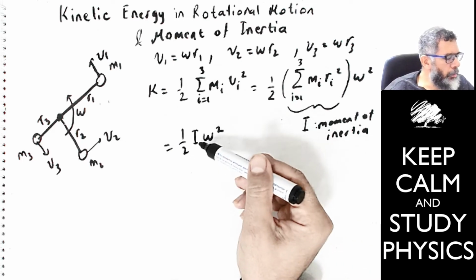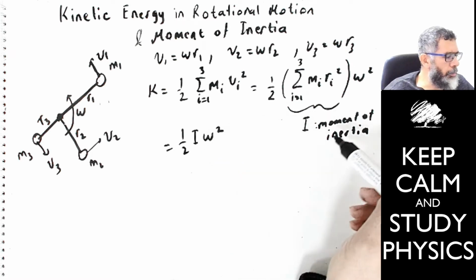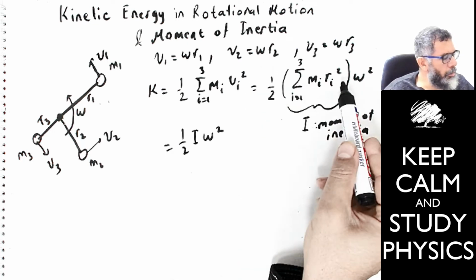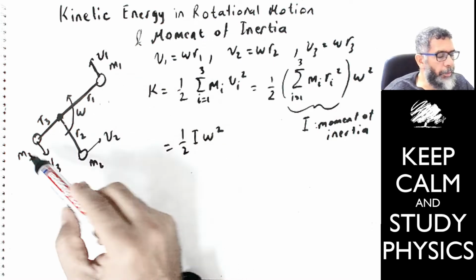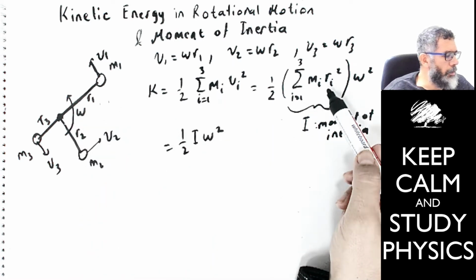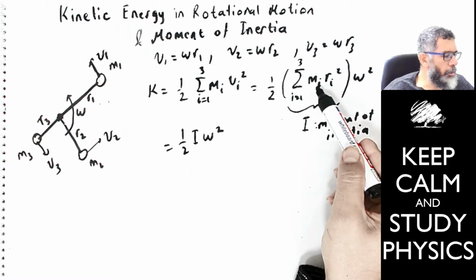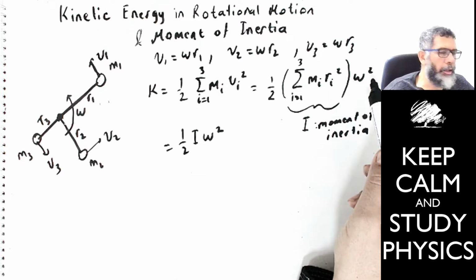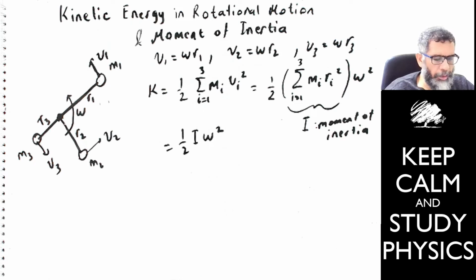But you have to calculate this new quantity which we call moment of inertia for your system. If your system does consist of point particles which have some distances to the rotational axis, this is the expression for the moment of inertia. You multiply each mass by distance squared to the center of rotation and add them all. This is how we calculate moment of inertia. It's not a very difficult task to do.